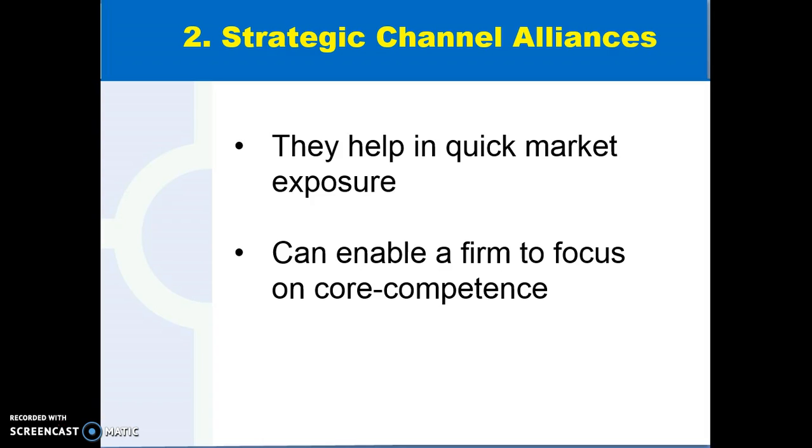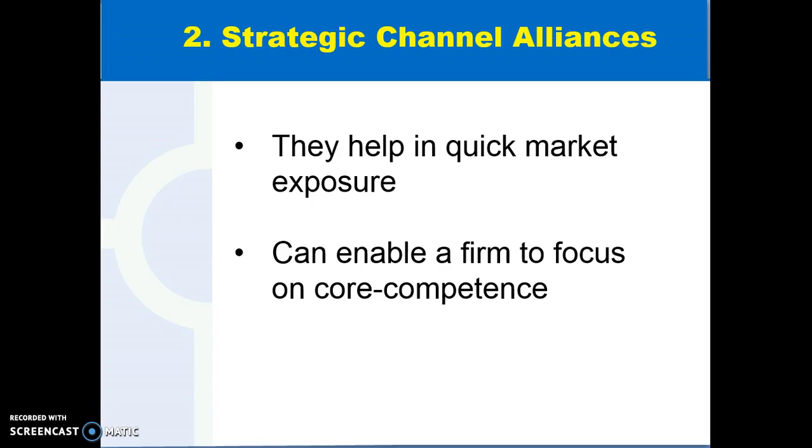Well, in case you did not know, distribution for Frappuccino is handled by Pepsi and not Starbucks, under a strategic channel alliance between the two companies. As you can see, such an alliance gives Frappuccino tremendous access to the market across the country. Anywhere where Pepsi is available, Frappuccino can also be available. That's the magic of a strategic alliance. Developing such a channel on its own would nearly be impossible for Starbucks and Frappuccino.